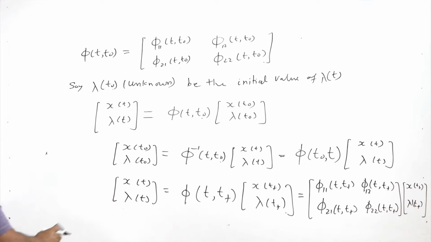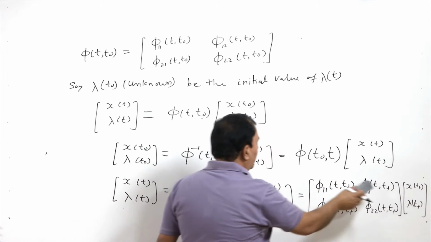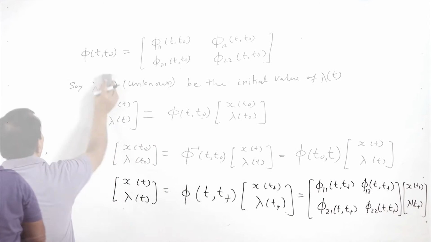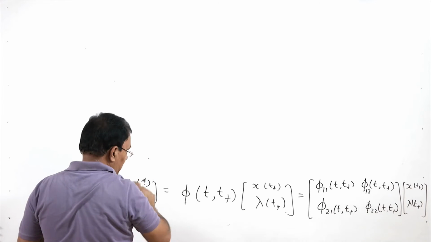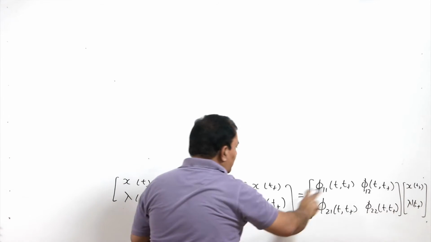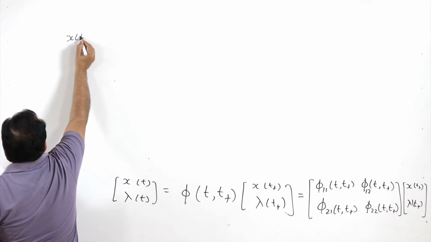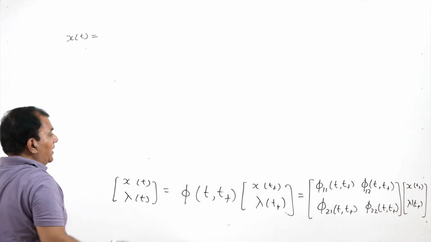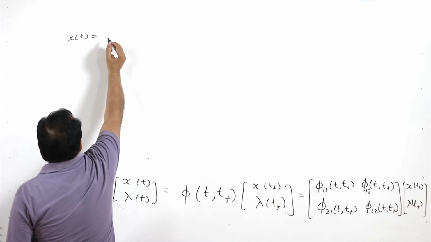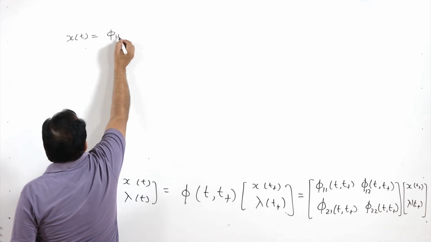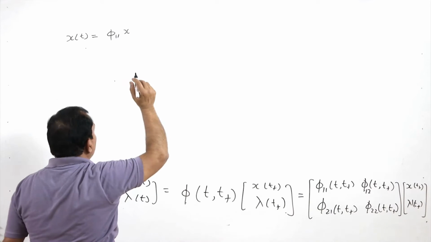So, I can write my x(t), lambda(t) in terms of the t_f by this expression. I will keep the last equation. Now, if I expand this relation in terms of x(t), what will I get?